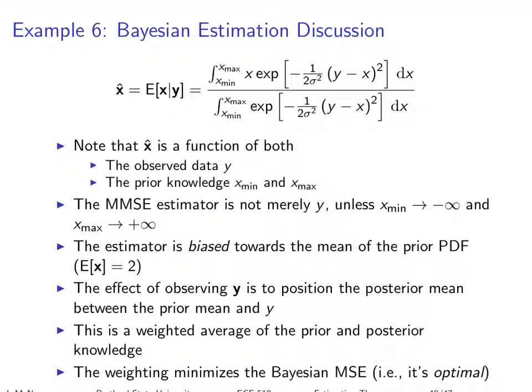So part of the magic of Bayesian estimation is not just that it's able to integrate measurements with prior knowledge, but it also knows how to weight those two. And now you're starting to get a glimpse of how it weights those two.